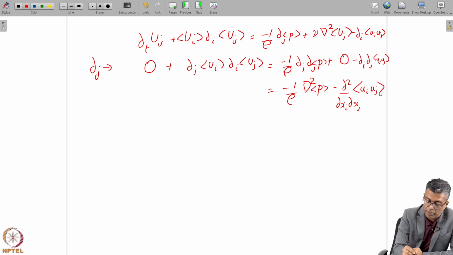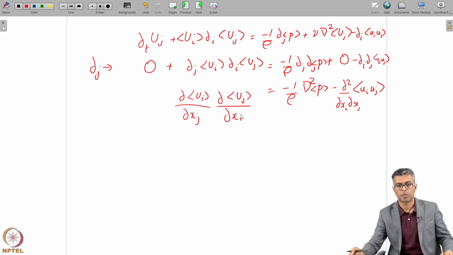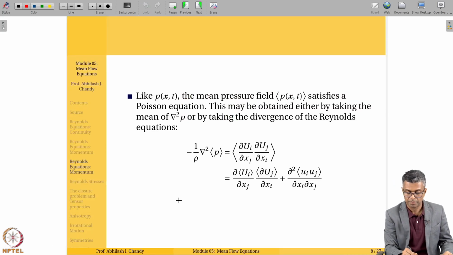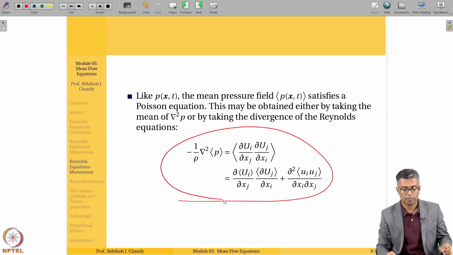And on the left hand side, I'll have del u_i over del x_j and del mean u_j over del x_i. This is exactly what I am going to get here. This is the Poisson's equation, the equation for the mean pressure field obtained by taking a divergence of the Reynolds equations.